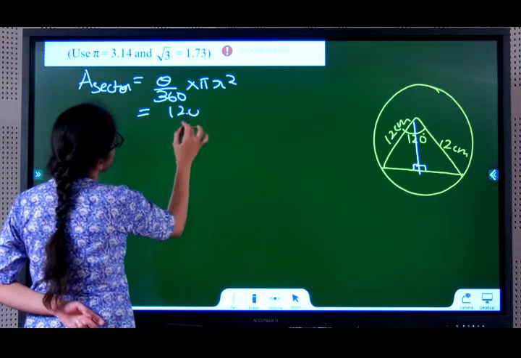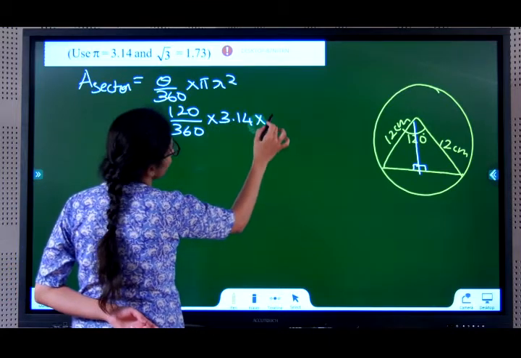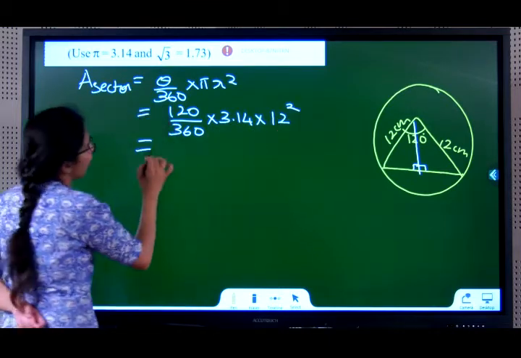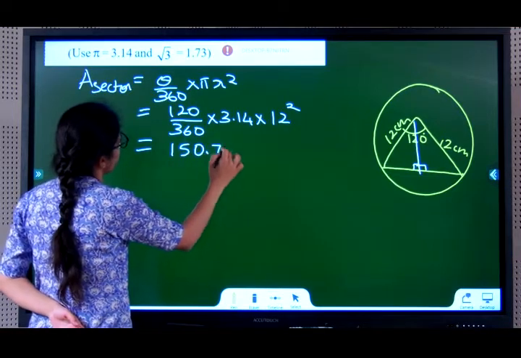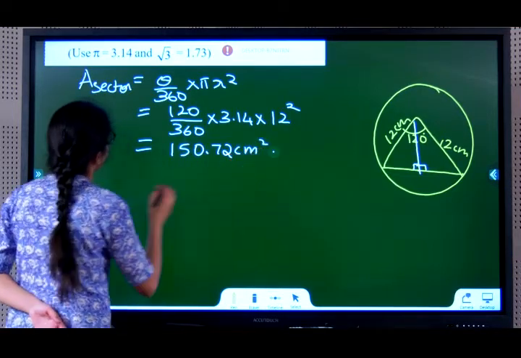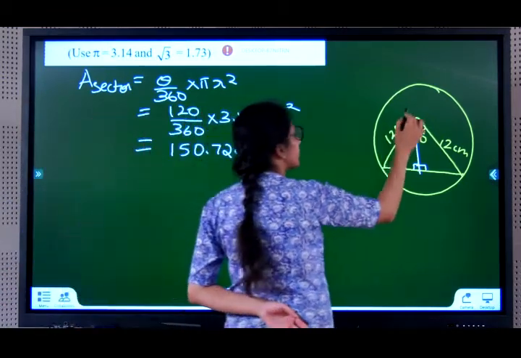Theta is 120 by 360 into 3.14 into r 12 square. On multiplying, we get 150.72 centimeter square.